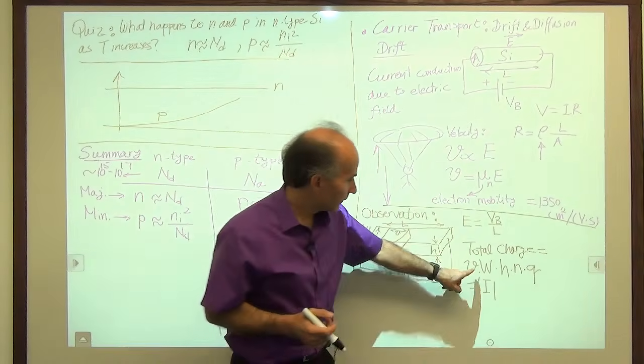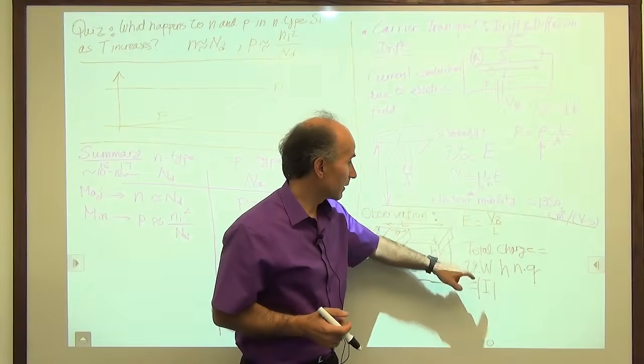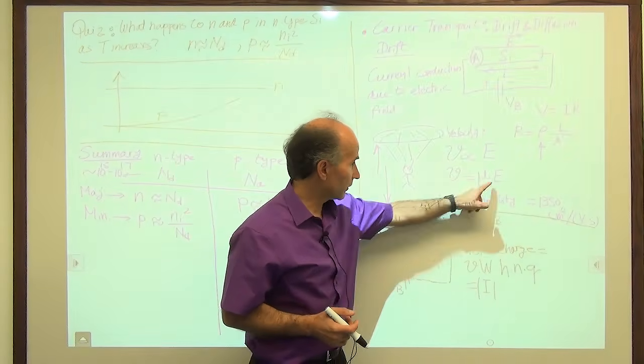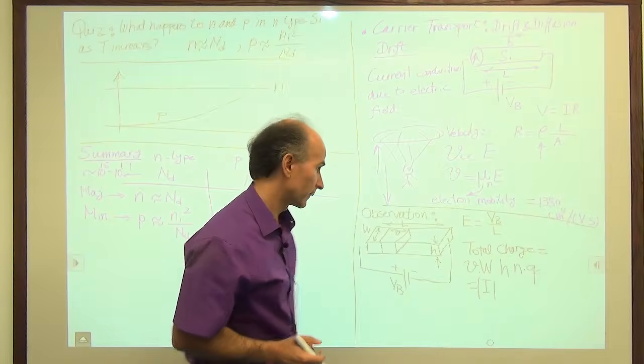Okay, now V is given by mobility times electric field. And electric field is given by voltage over length.